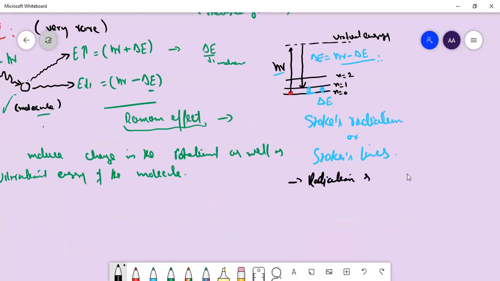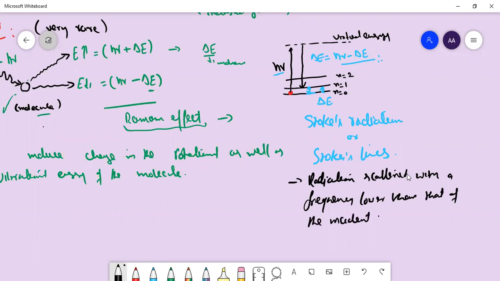Radiation scattered with a frequency lower than that of the incident radiation is referred to as Stokes radiation or Stokes lines.